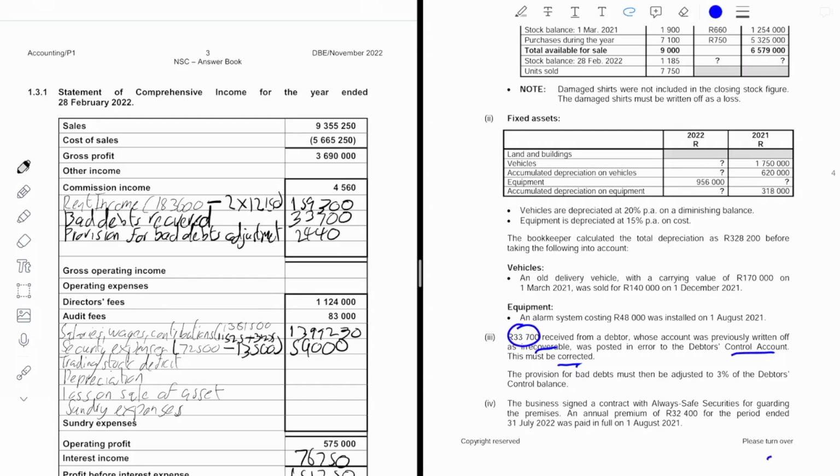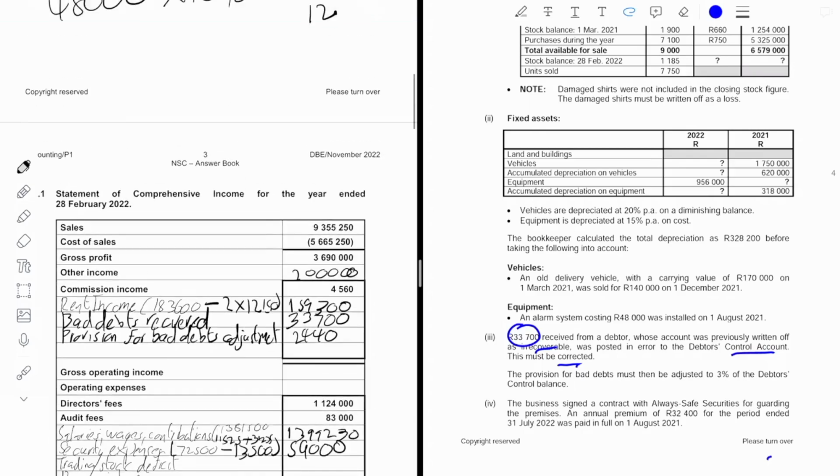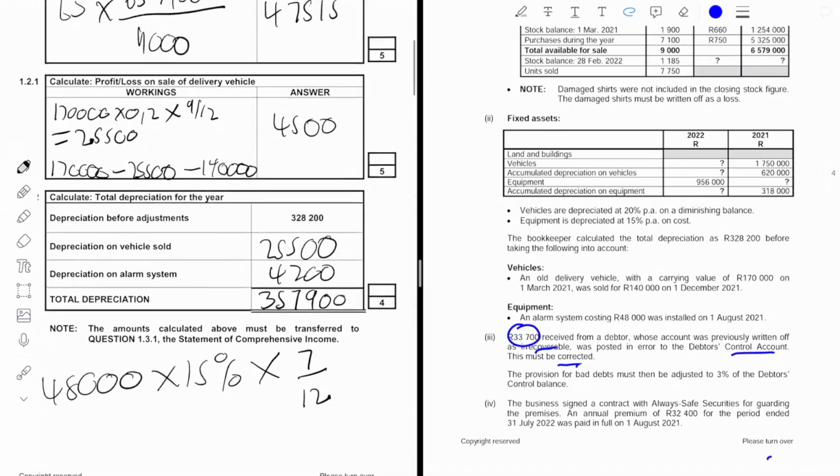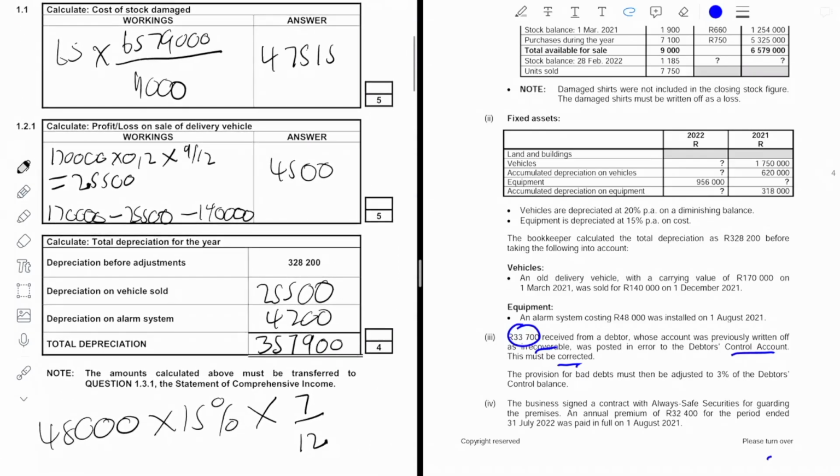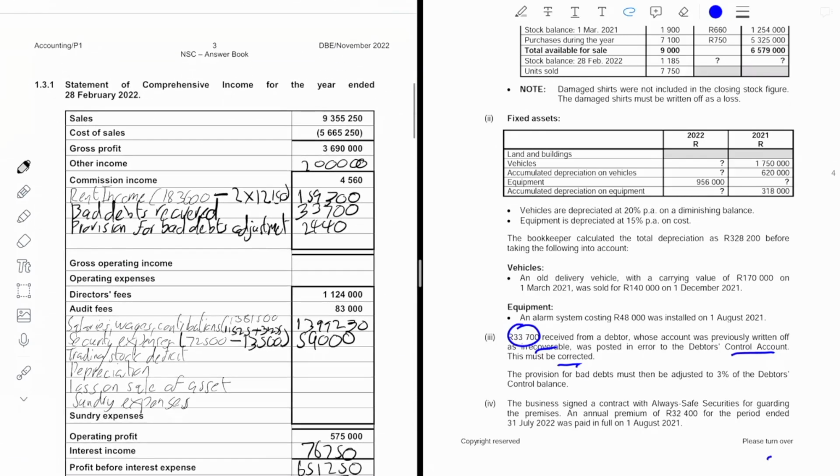So let's just tie up some other parts of our income statement. If we add all our other income together, we'll get an amount of 200,000. And then let's add our figures from the calculations that we did above. So our trading stock deficit is 47,515 that we calculated.